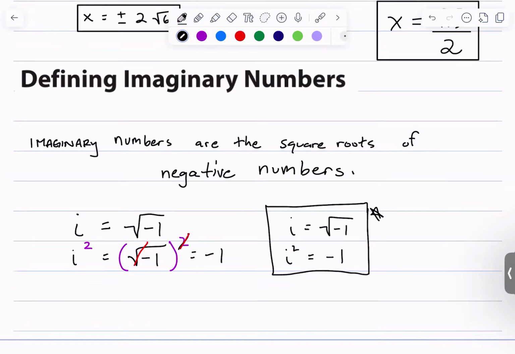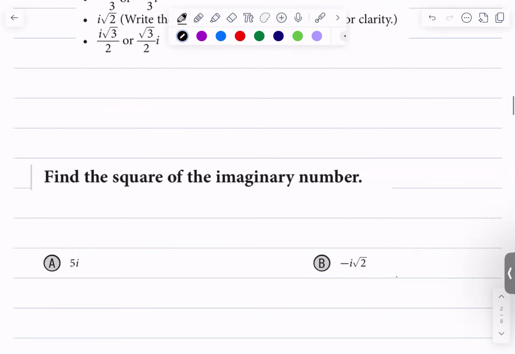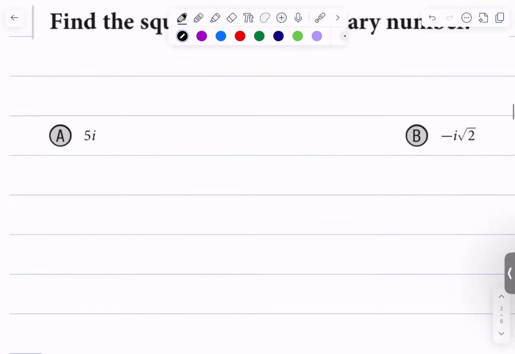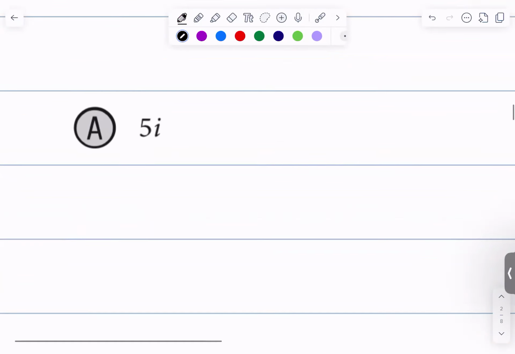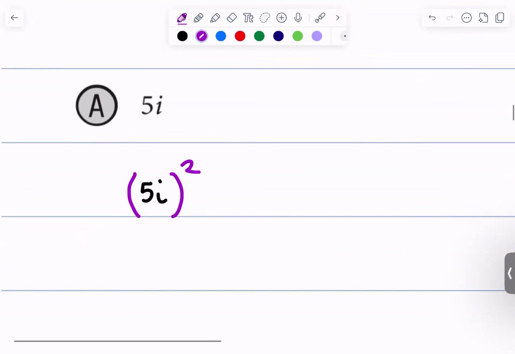So if I square any imaginary number, it becomes a real number. Let's try and square 5i. Okay, so if I get 5i, and if I square it, remember the squared here would go to everything that's in here.